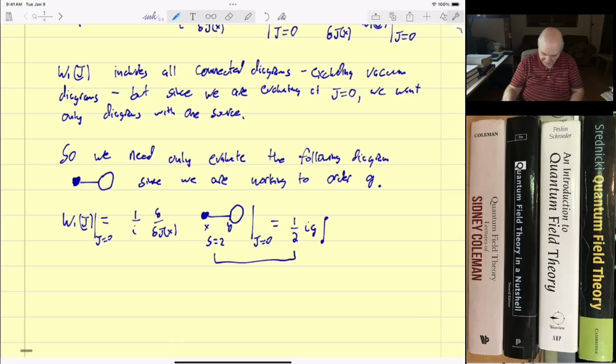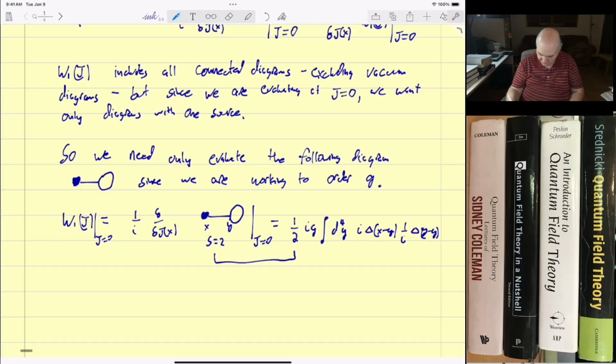And then we have the integral of d4y. And we have to have i, the propagator from x to y. And then we have, going around the loop, 1 over i del(y minus y). This looks a little funny, but if you think of it, that's what we do.